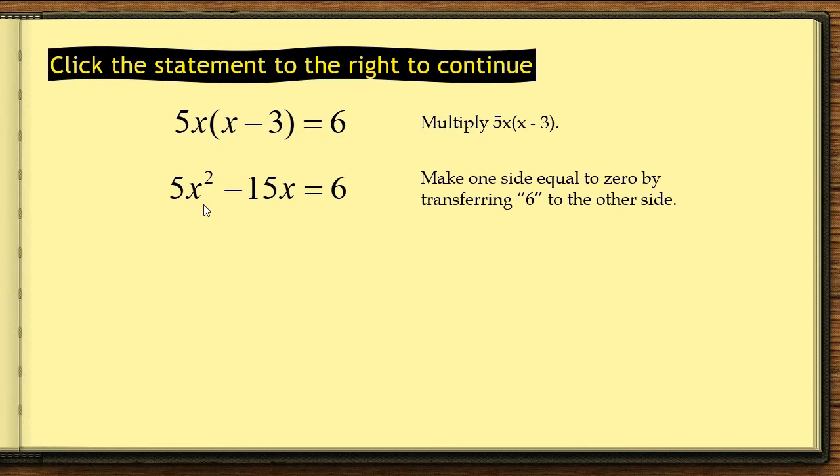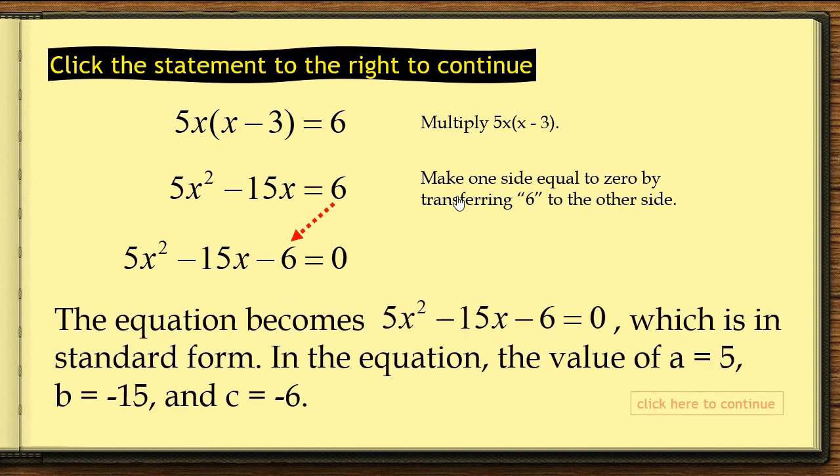So let us make one side equal to 0 by transferring 6 to the other side. And now we have the equation as 5x squared minus 15x minus 6 equals 0, which is in standard form already. In the equation, the value of a is 5, the value of b is negative 15, and the value of c is negative 6.